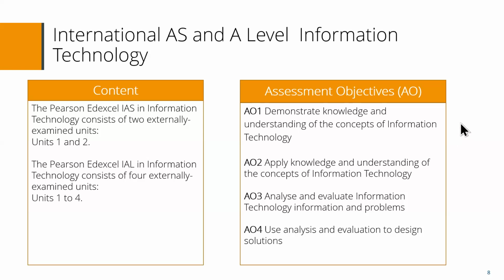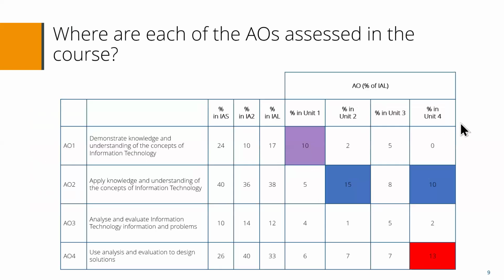Okay, then how do those divide up? Well, here's a slightly different variation of what we looked at on Tuesday. Overall, as a percentage of the whole international A level, AO1 takes 10% of the marks in Unit 1, very little in Unit 2, and 5% in Unit 3. So you might be thinking, okay, that means overall 17% of marks are for recall and showing knowledge.